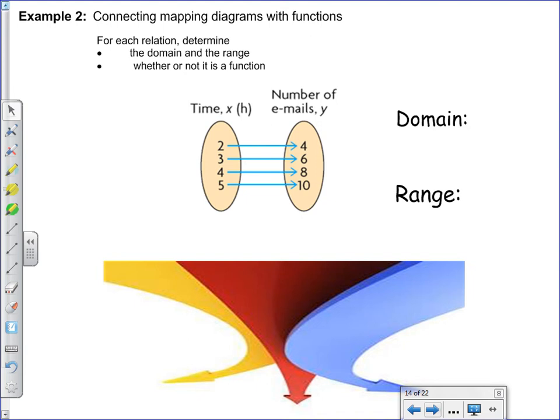For each relation, determine the domain and range. So I've done table of values. I've done a graph. X such that, what would I fill in here? Good. Domain is my first element.